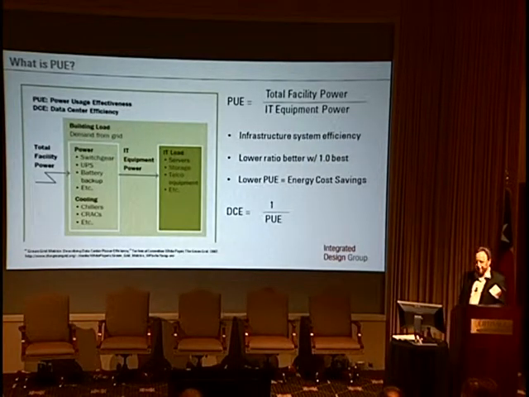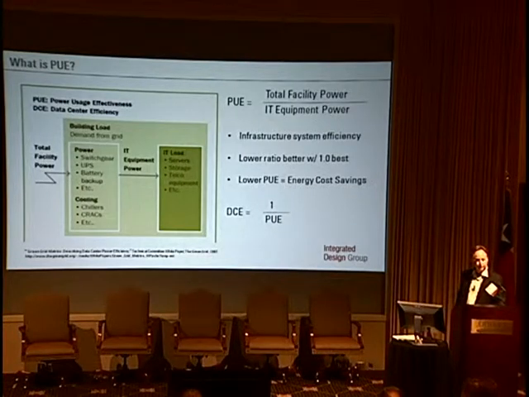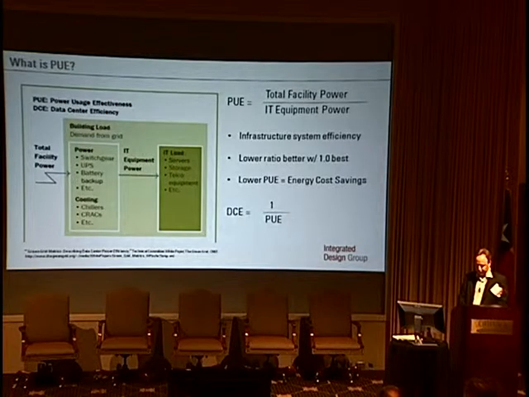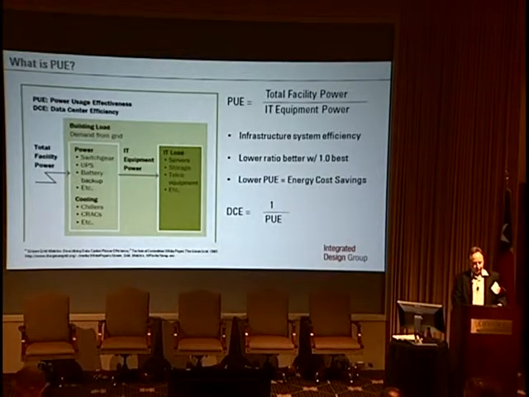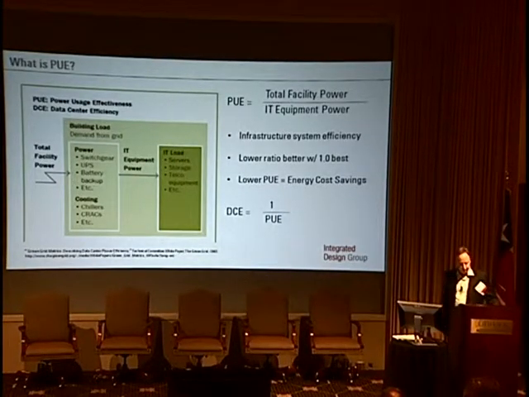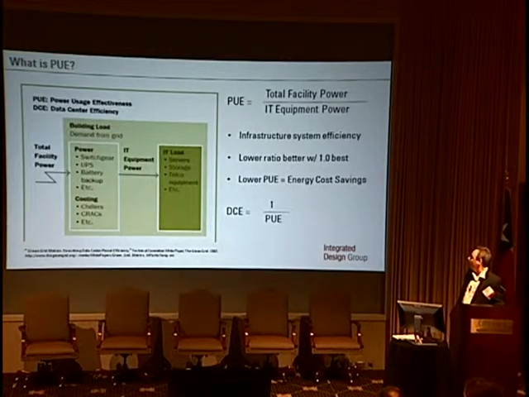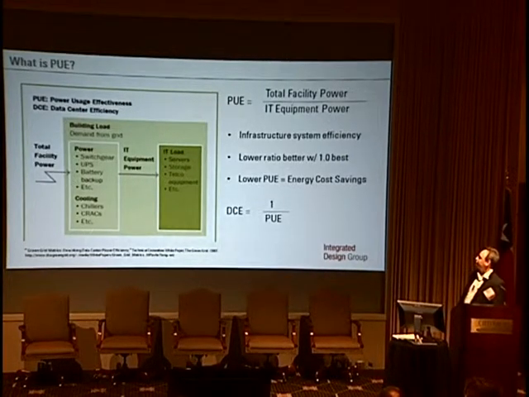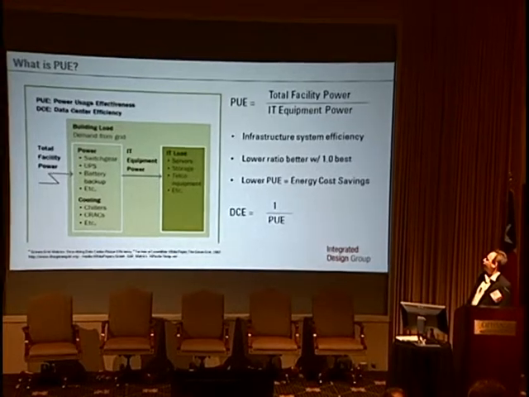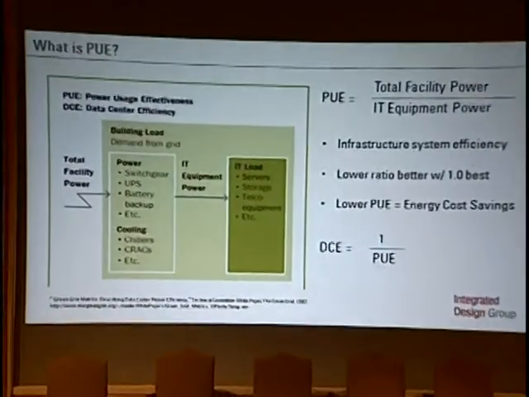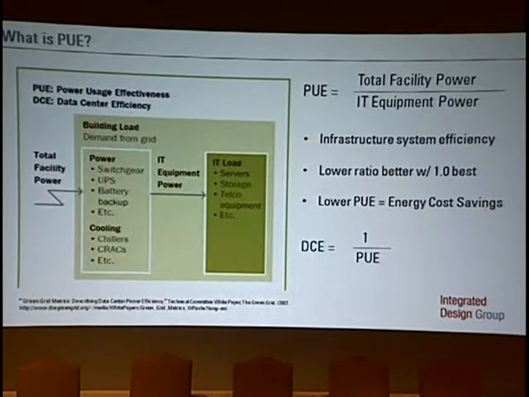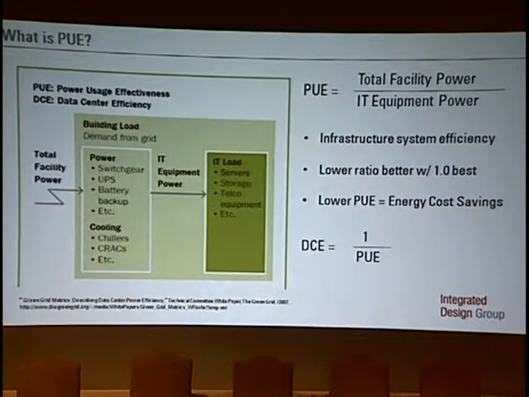So PUE is the metric everybody knows, developed by the Green Grid for measuring data center infrastructure system efficiencies. It's the ratio of total power, which is the energy in, over the IT equipment power that's developed, or basically your work out. In other words, it's the efficiency of infrastructure systems, which consists primarily of cooling and power distribution.